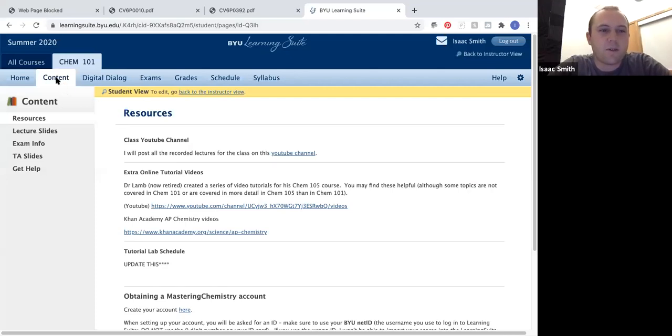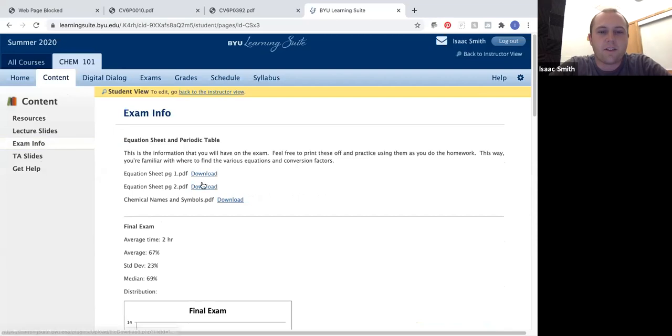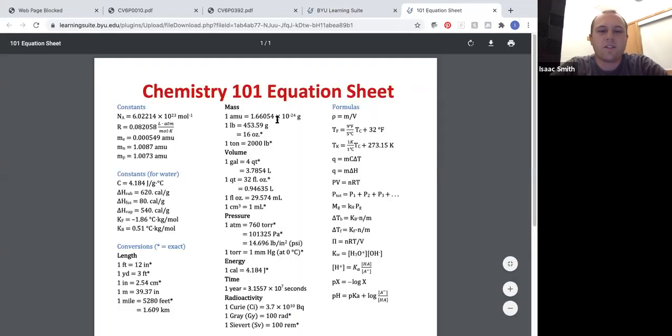Okay, so if you're on Learning Suite and you go to Content and then click Exam Info, these are the 3 sheets that you can have on the exam. The first one is an equation sheet that has a few different equations. It has some constants, right? Like the heat of sublimation, heat of fusion, heat of vaporization for water.